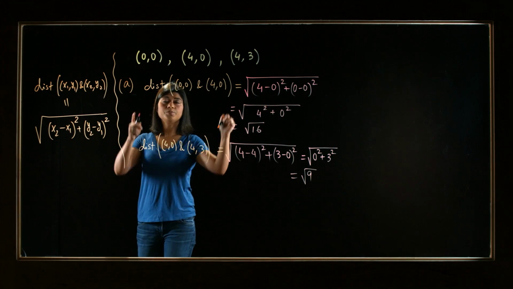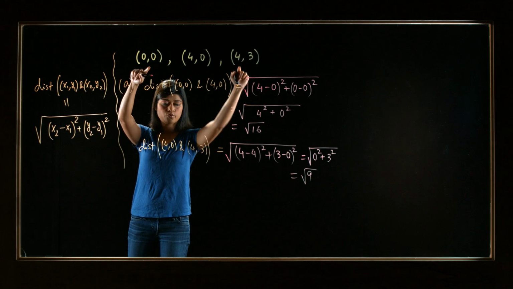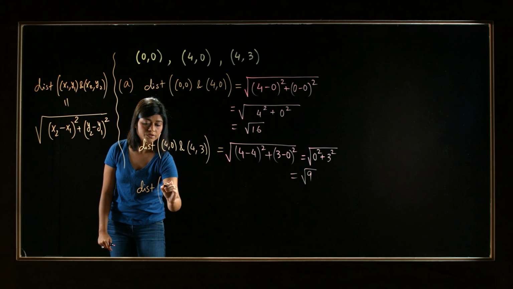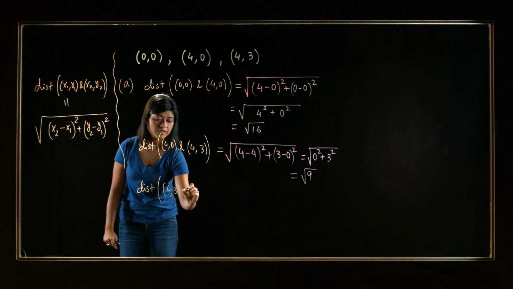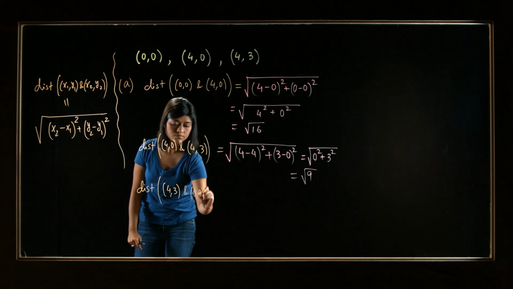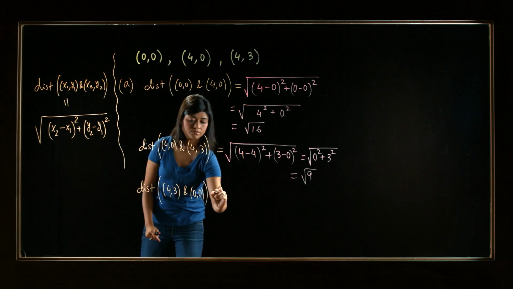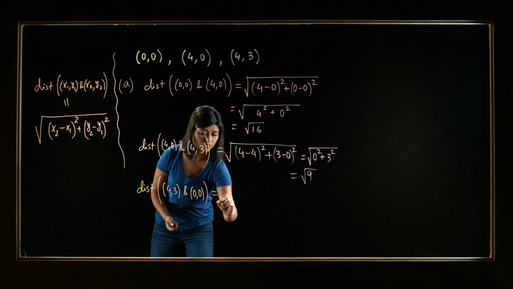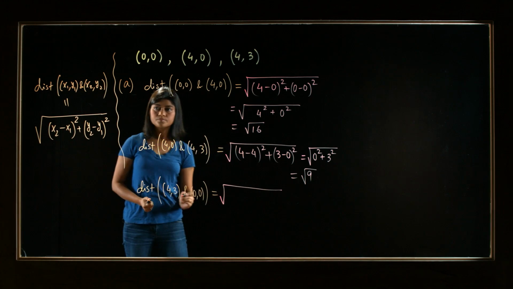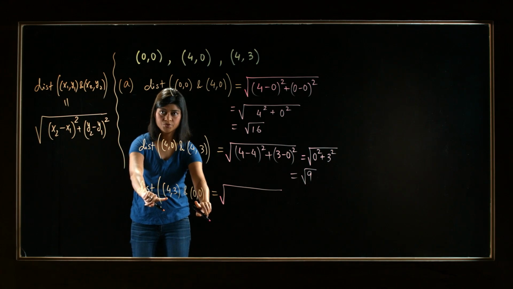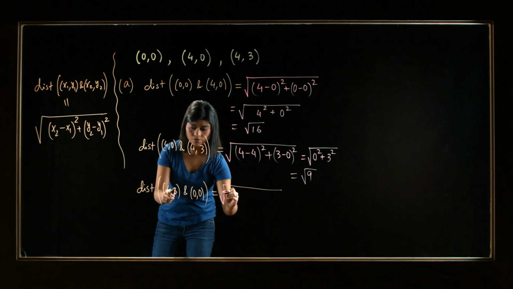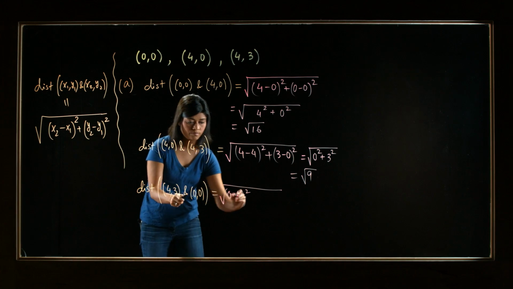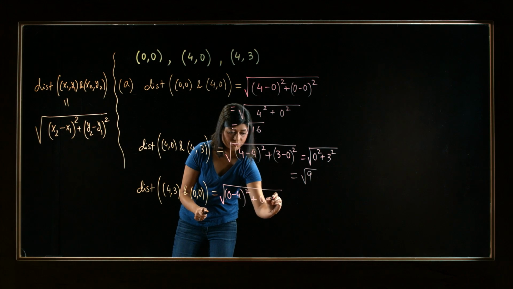Finally, we have to compute the distance between the first and the last point. So between 4, 3, and 0, 0. Same way as before, use the distance formula. Take the square root of the difference of the 2 x coordinates, so (0 minus 4) square plus (0 minus 3) square.